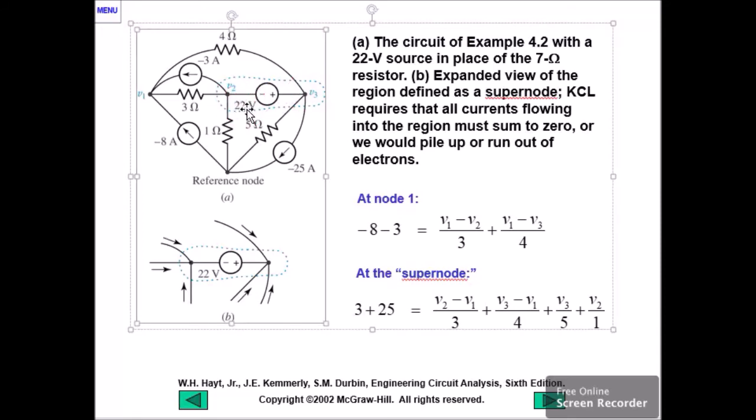Remember, I have V3 minus V2 because I exited at the negative, and positive V3 because I entered at the positive. So positive V3 minus V2 is equal to 22.